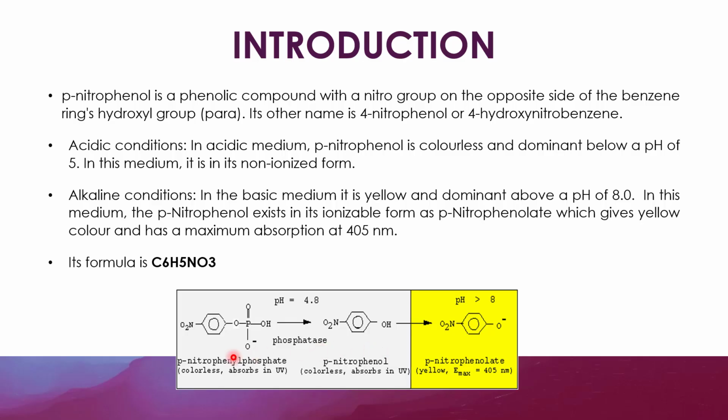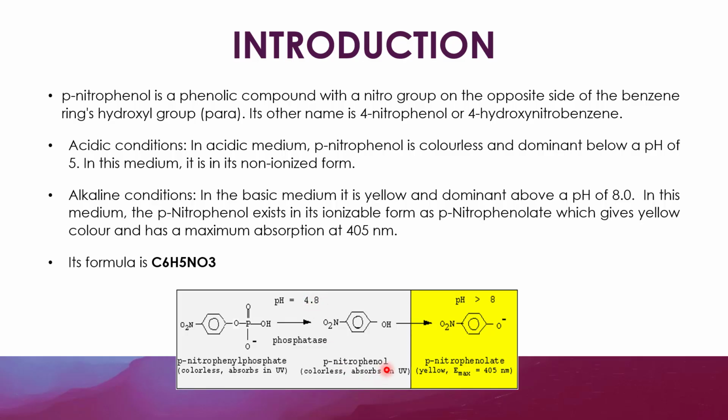From here we can see that this is our artificial substrate, p-nitrophenol phosphate, being hydrolyzed by our enzyme acid phosphatase at a pH of 4.8 to p-nitrophenol.